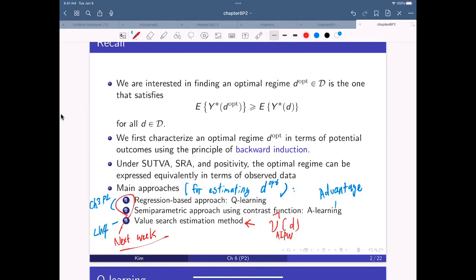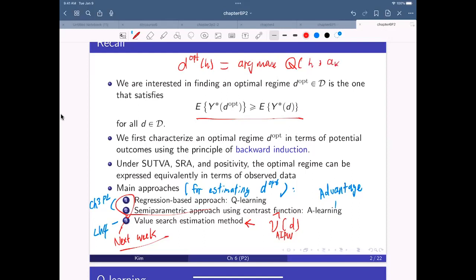Basically, these two use a sufficient condition. So what is the sufficient condition? This is our goal, right? But the sufficient condition for this one is to choose argmax of Q, something like that, right?